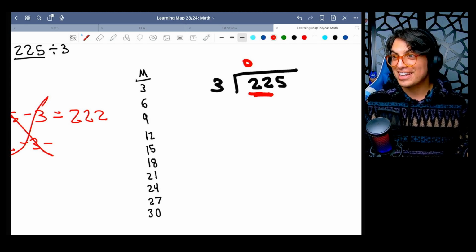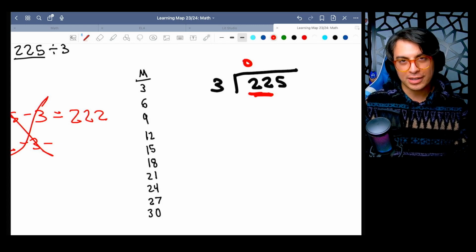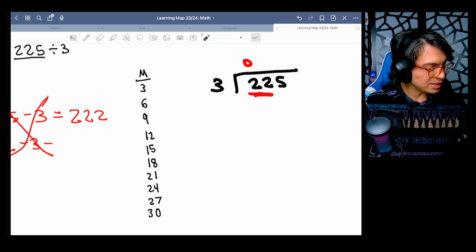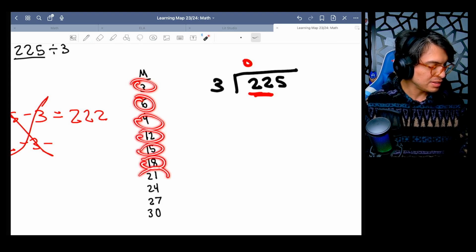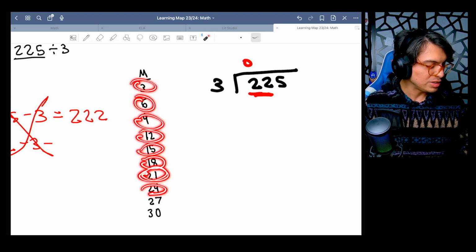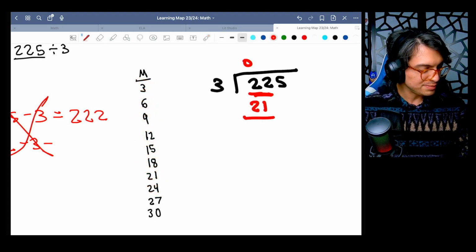Now we're gonna ask, how close can we get to 22 without going over? Why are we asking that? Because it's repeated subtraction. The closest we can get to 22 without going over is 21. 24 is too big. 21.